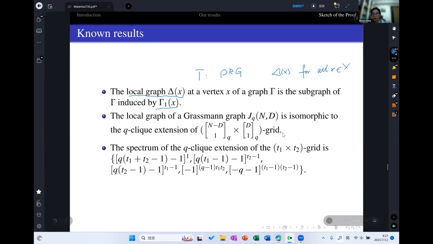And we know the local graph of a Grassmann graph is isomorphic to this one, the q-clique extension of the grid. And we also know the spectrum of the q-clique extension of the grid. So we know the spectrum of the local graph of the Grassmann graph.